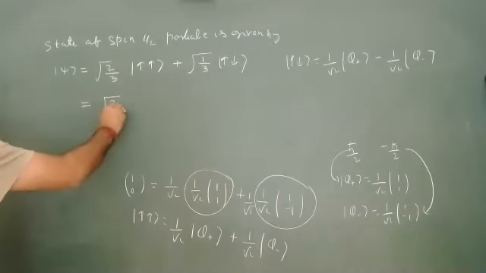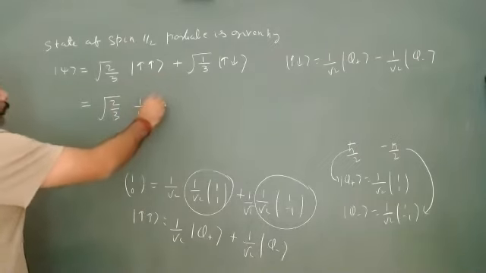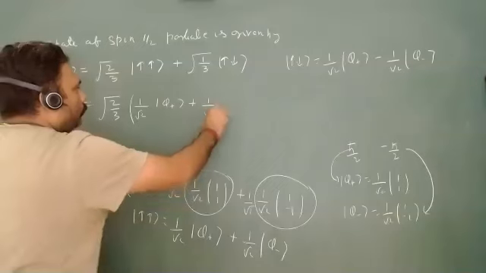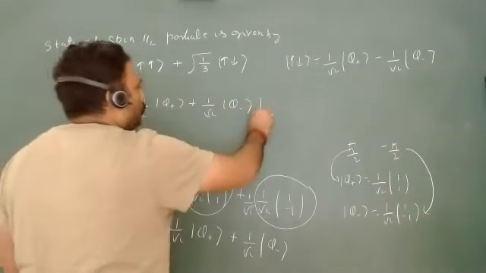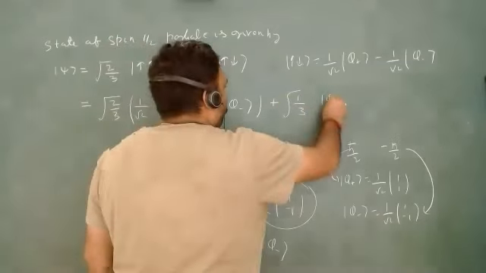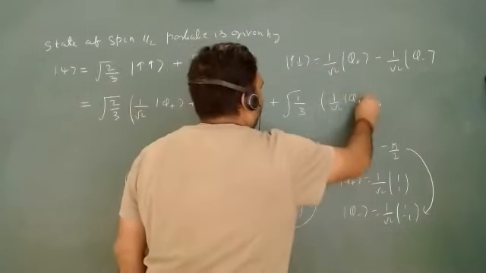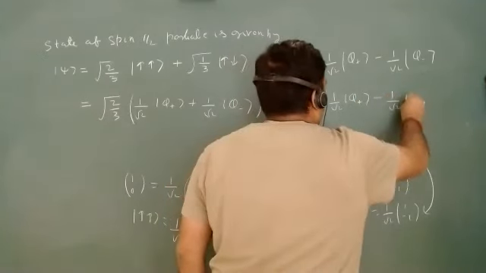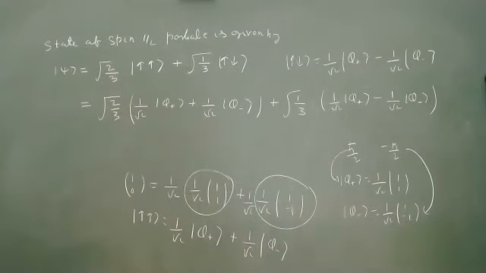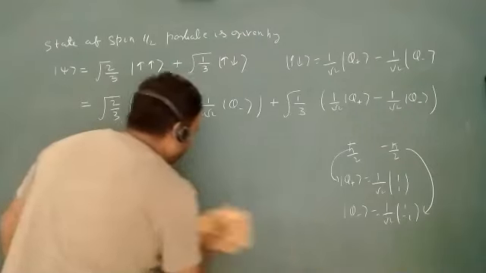So this will be root 2 by 3 times up up, which is 1 by root 2 phi plus plus 1 by root 2 phi minus, plus root 1 by 3 times down, which is again 1 by root 2 phi plus minus 1 by root 2 phi minus. So what you have done is just written this thing in the basis of phi plus and phi minus.